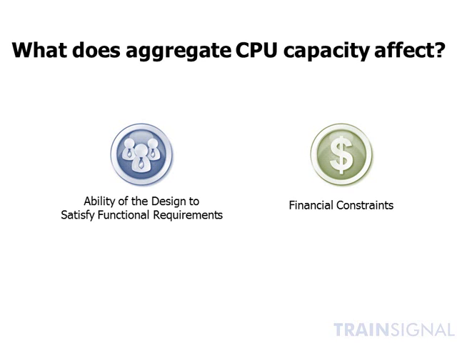Aggregate CPU capacity also affects the financial constraints. Recall that in another lesson in this course, we talked about how pretty much every project is going to have financial constraints because every organization has a budget, and therefore specifying too much aggregate capacity might exceed the budget for the project. We might not be adhering to the financial constraints put before us in this particular project.